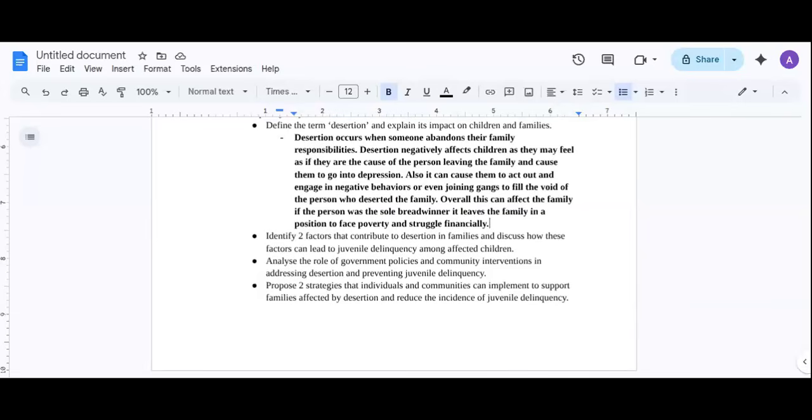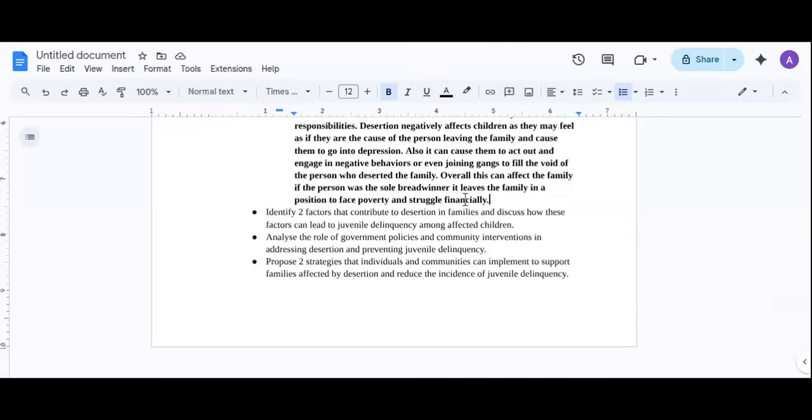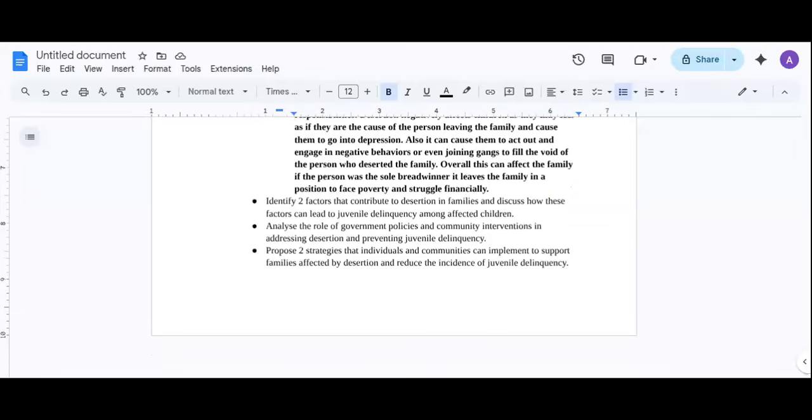Desertion negatively affects children as they may feel as if they are the cause of the person leaving the family and this can cause them to go into depression. Also, it can cause them to act out and engage in negative behaviors or even join gangs to fill the void of the person who deserted the family.